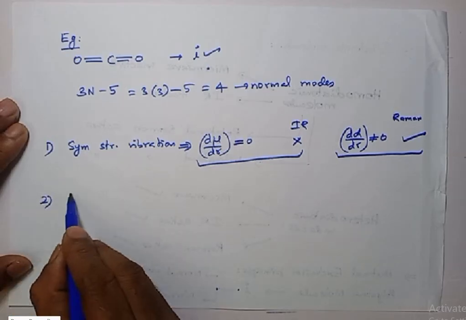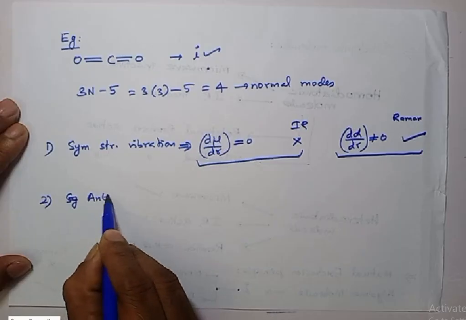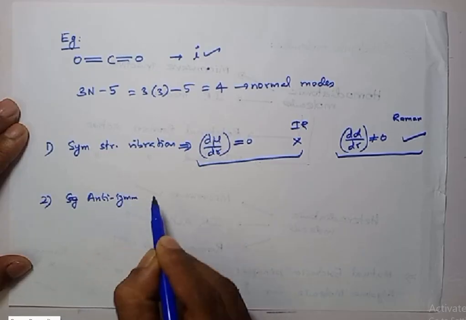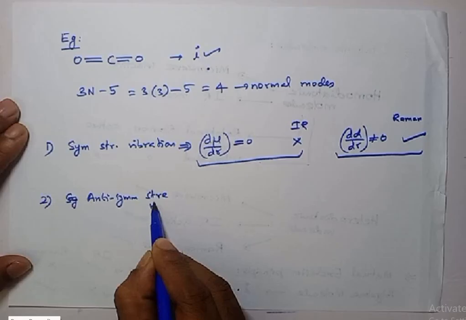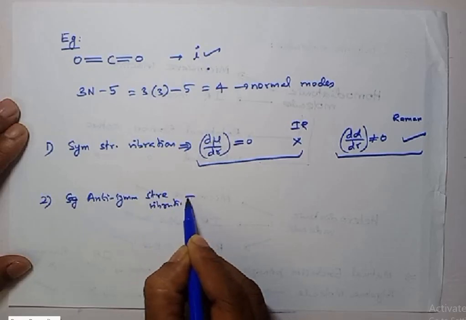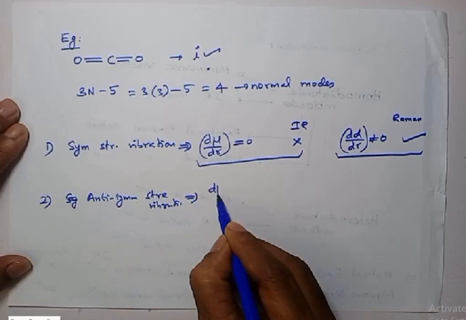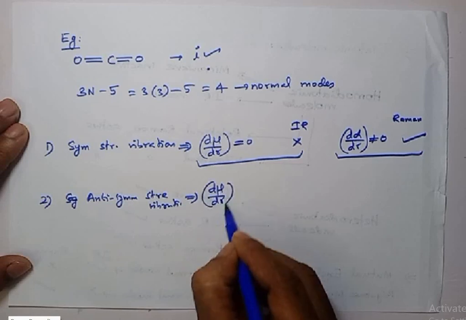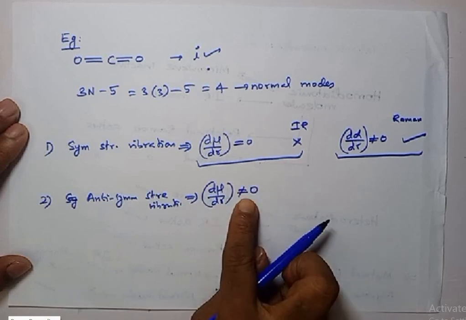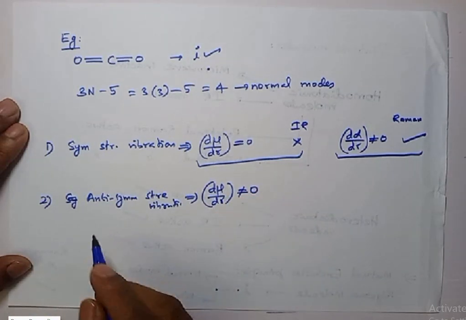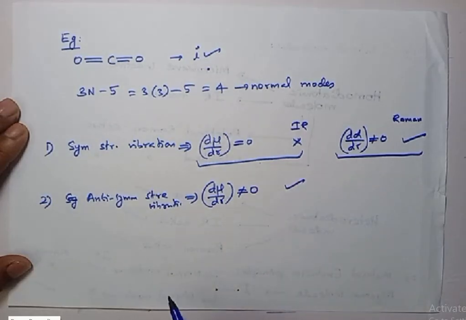The second mode of vibration is called antisymmetric stretching vibration. In antisymmetric stretching vibration, the dipole moment changes during vibration. Therefore, it is IR active.